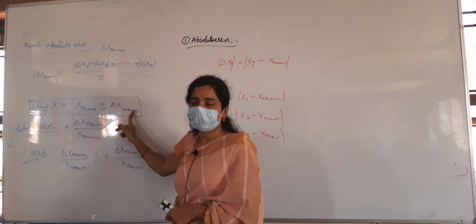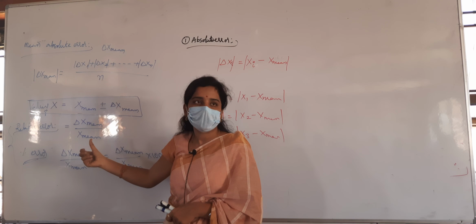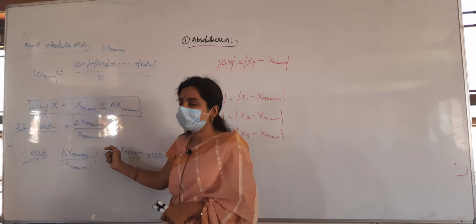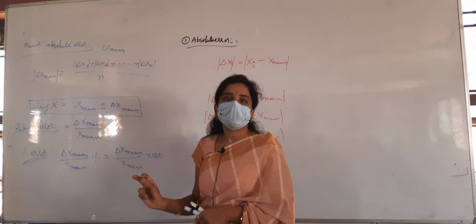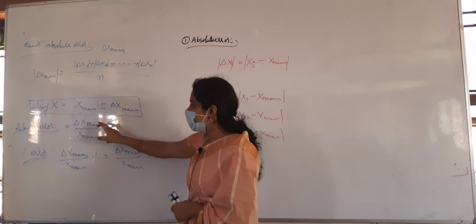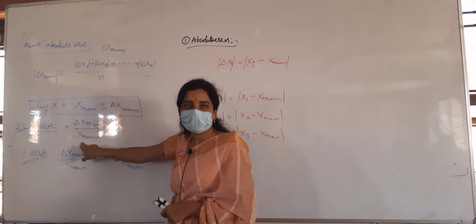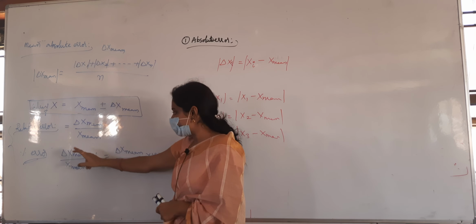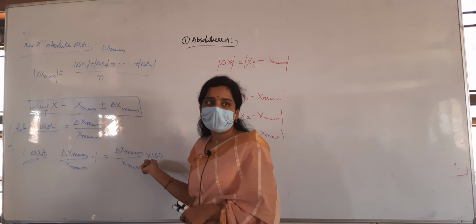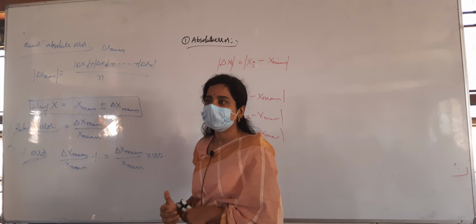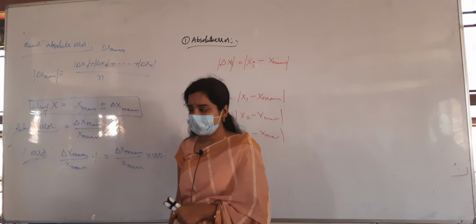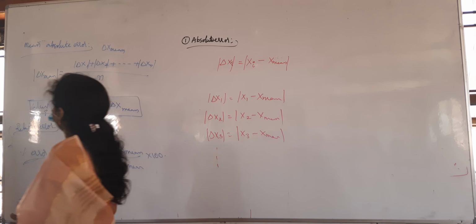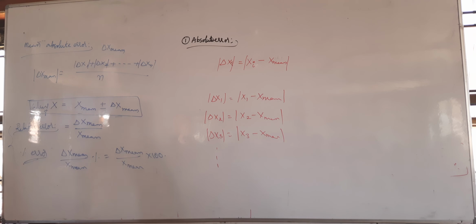Always a plus or minus delta a, b plus or minus delta b, like that. Relative error is the ratio of mean absolute error to the mean value, and percentage error is relative error into 100. You got clarity about this, right? Absolute error finished, mean absolute error also finished, right?